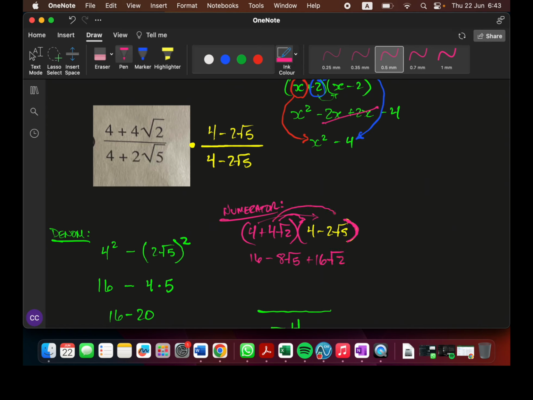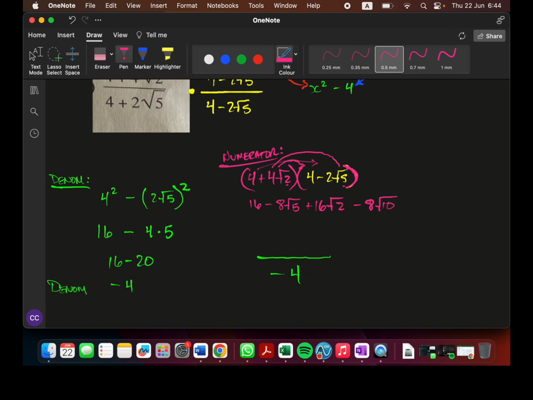And 4 square roots of 2 times negative 2 square roots of 5, well, that'd be negative 8 square roots, and 2 times 5 is 10. So that numerator looks really scary, and it is. I'm just going to write it here, and then I'm going to simplify.